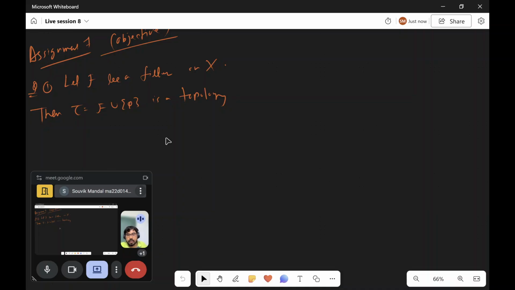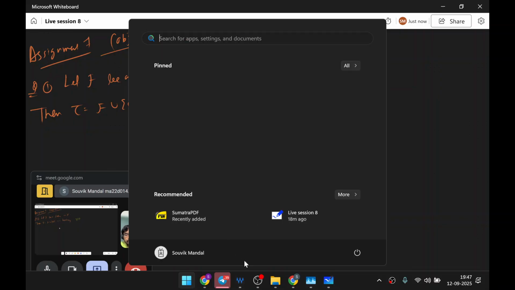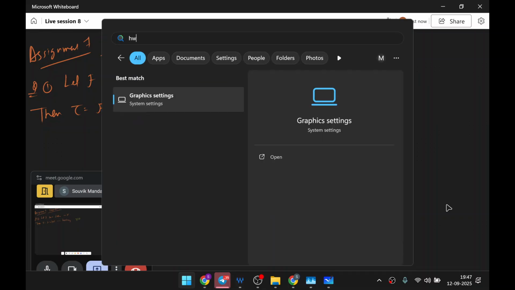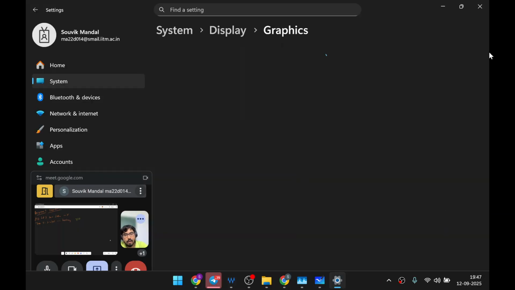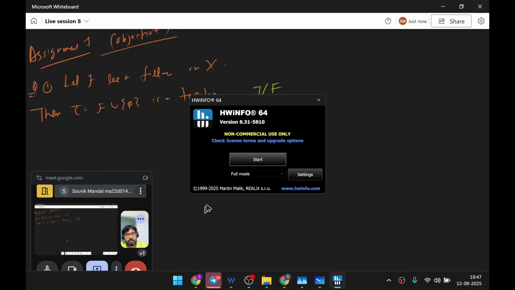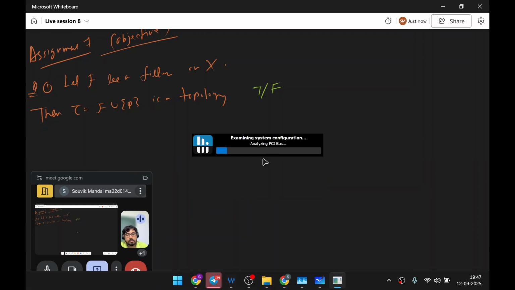Okay. So tau equal to F union phi is a topology on X. So is it true or false? Take your time, think about it, let me know.